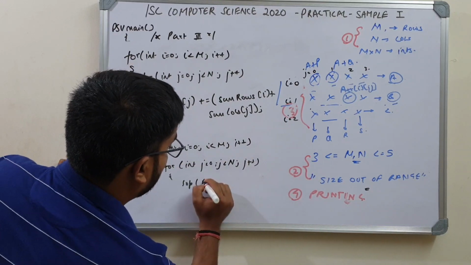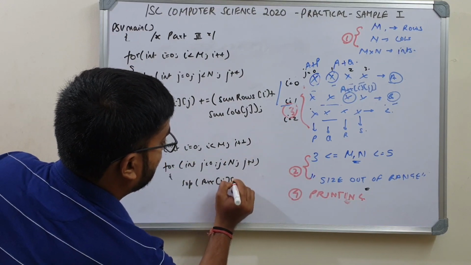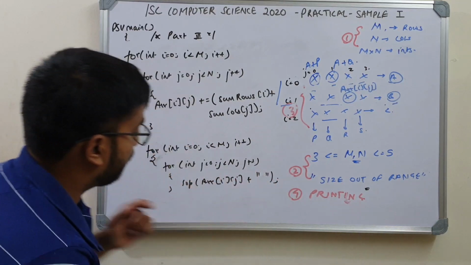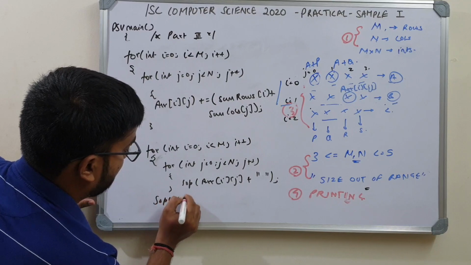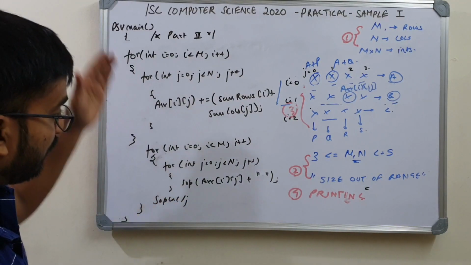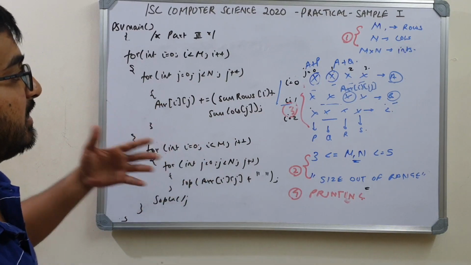So I'll say arr of i comma j plus a space, and after I print each row I'm going to change a line. And that is when my programming is done. So I'm going to write it on an IDE, compile and test it, and then run it.